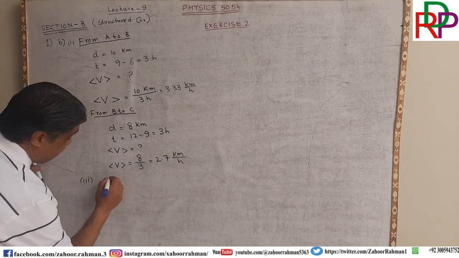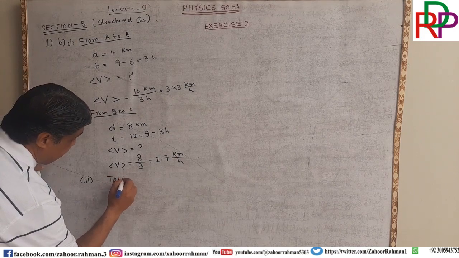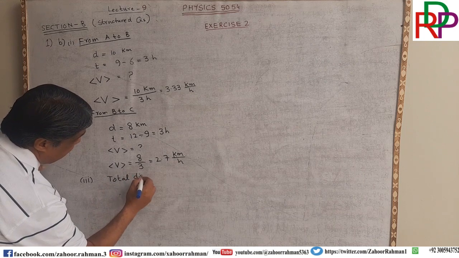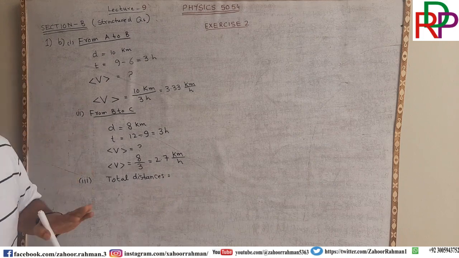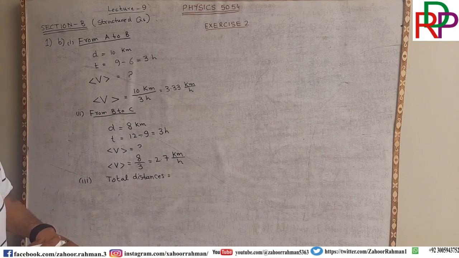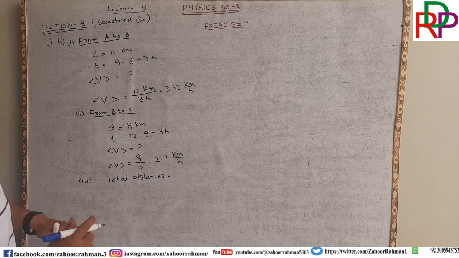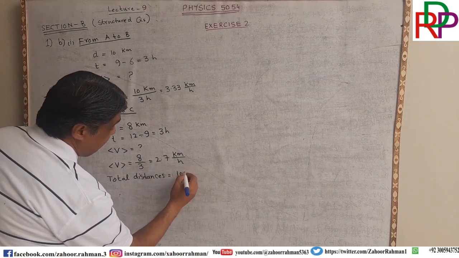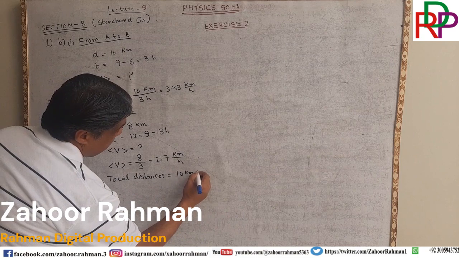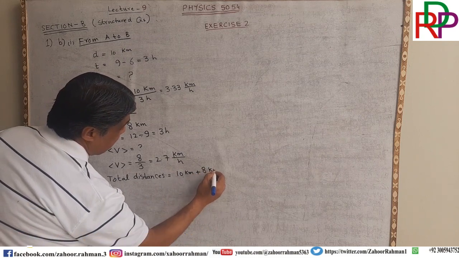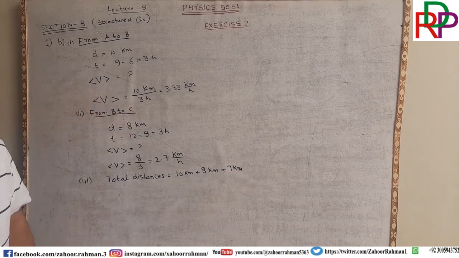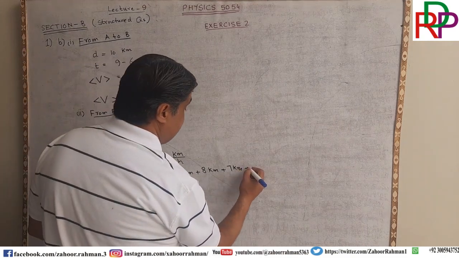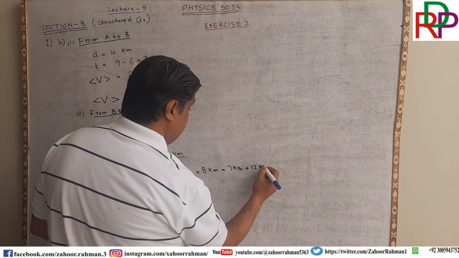So total distance is equal to, first it is 10, then it is 8, then it is 7. 10 kilometer plus 8 kilometer, then 7 kilometer, and then we are having 12 kilometer.